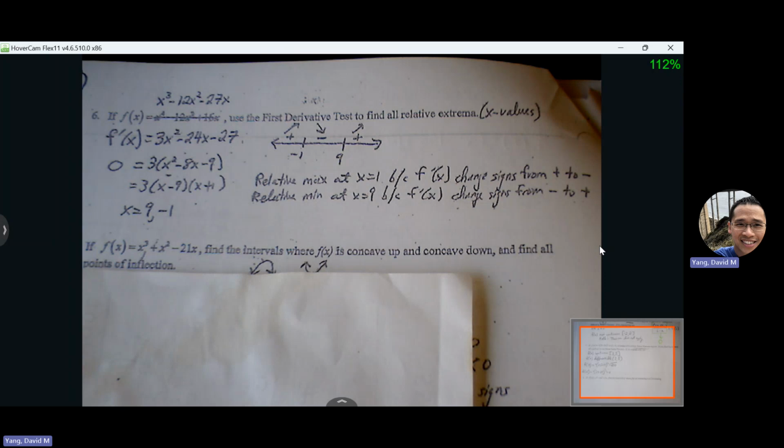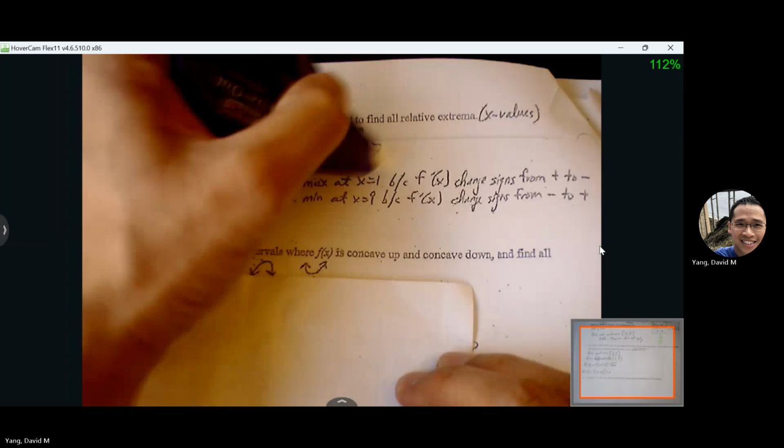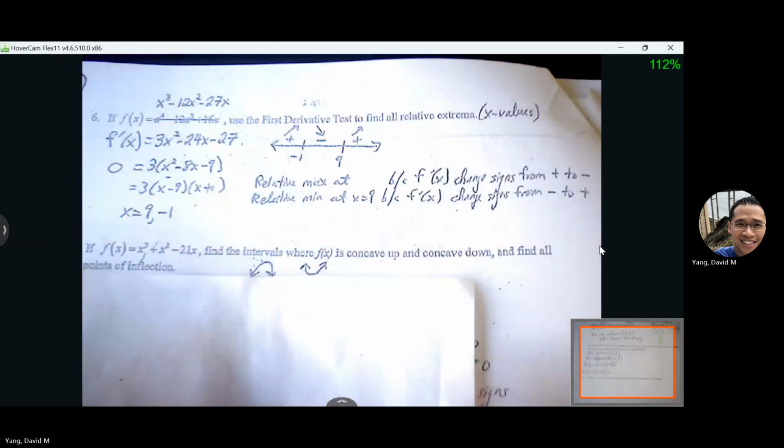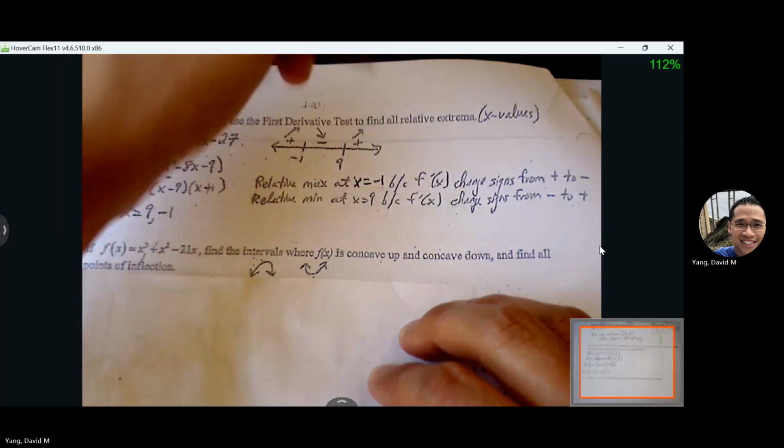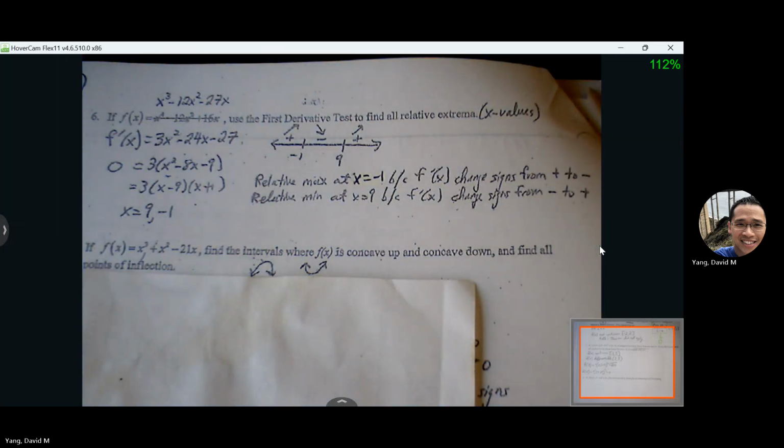Shouldn't that be negative? Yeah, sorry, max at -1. Everybody okay with the because statements?